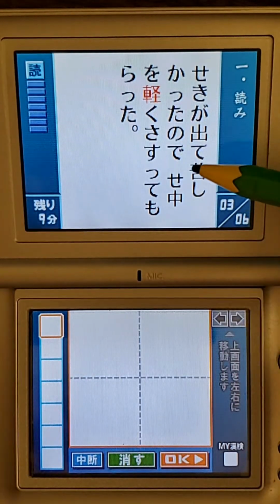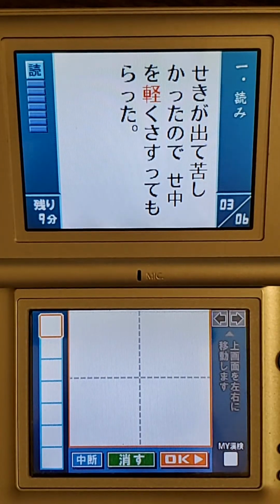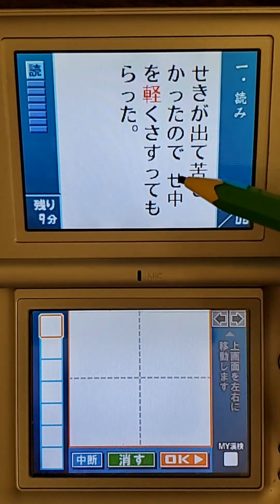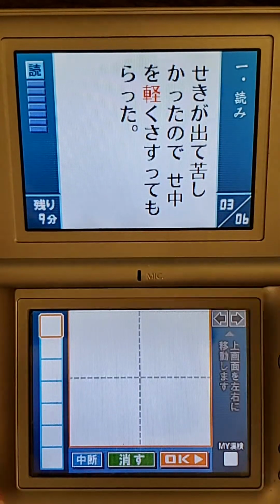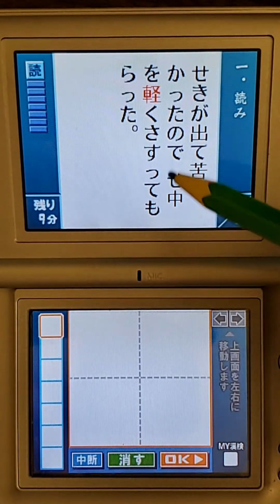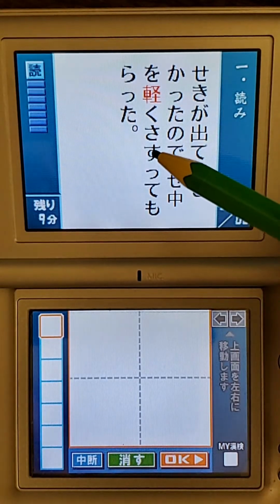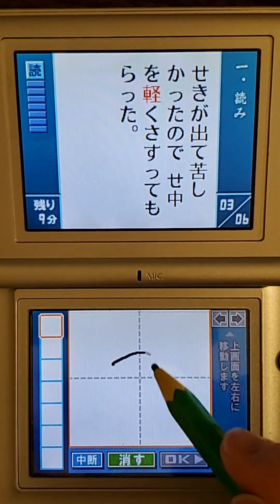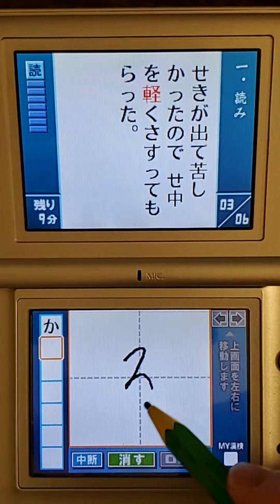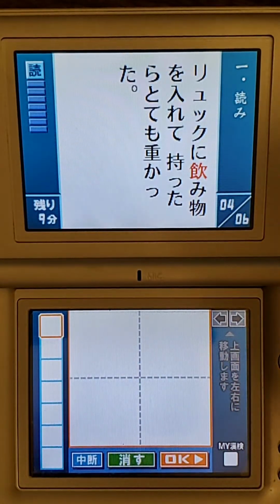Oh, 背中, it's like back. Duh. If I'm like sechu, senaka, what the senaka? Even saying senaka, I wasn't getting it. Senaka o karukusa sute morata. Karukusa? It's got to be karukusa. Yeah, not a word that I use much, but it is used.